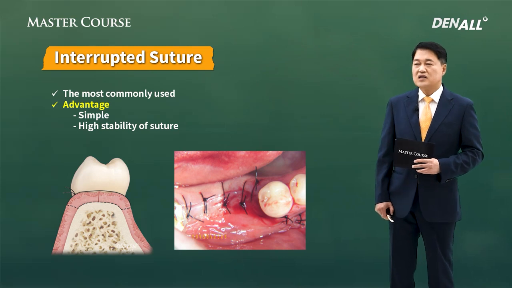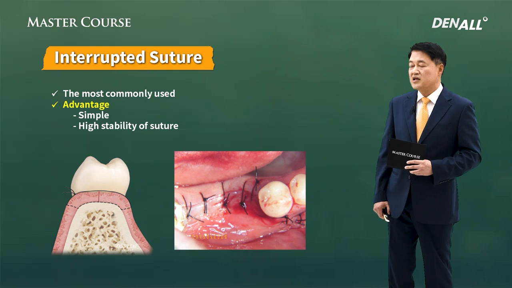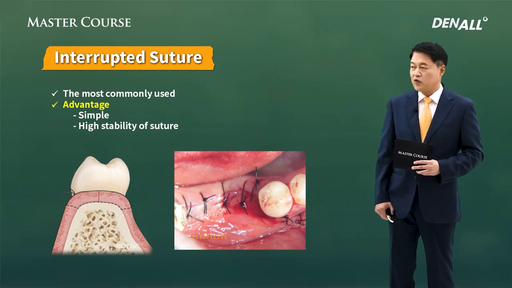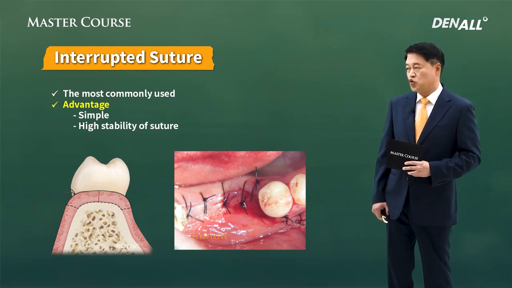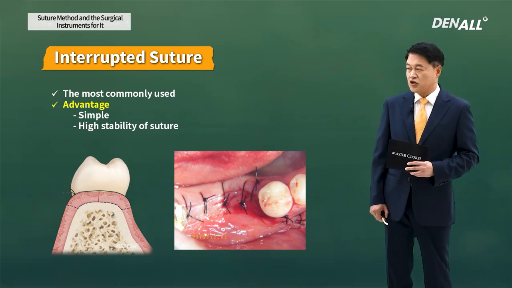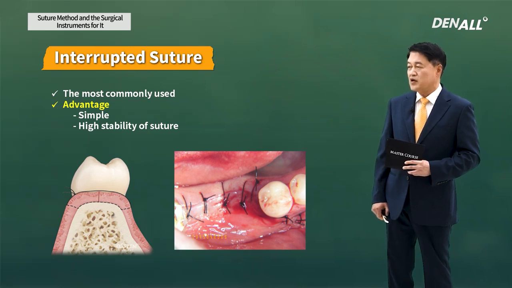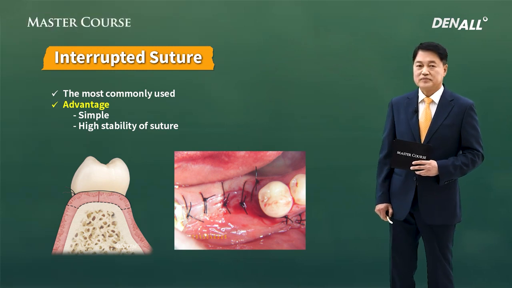But if you want to upgrade your implant surgery, doing all cases with interrupted suture would not guarantee you good results. So depending on the case, you have to choose the right suturing technique. That is the way to further upgrade your implant skills.